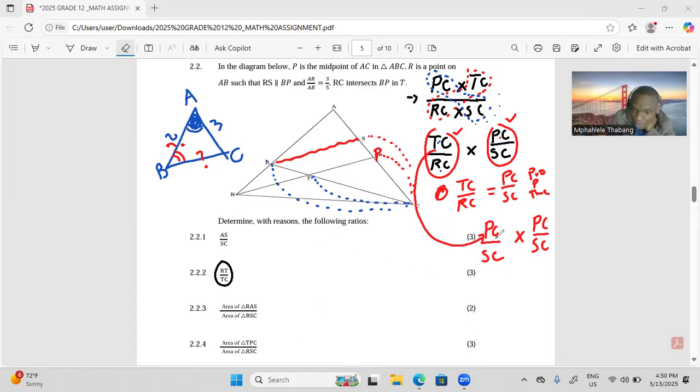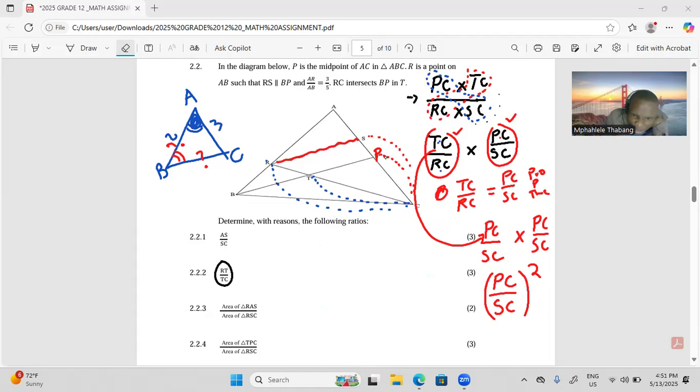Now I'm going to have PC over SC being squared, because it's PC over SC times PC over SC.